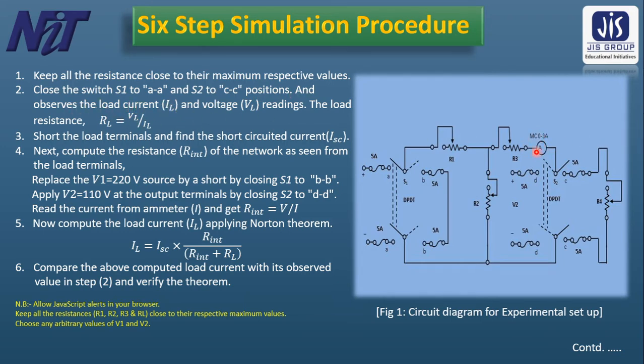You should observe this load current in this ammeter. So RL will be equal to VL by IL, the voltage across the load and the current through the load.